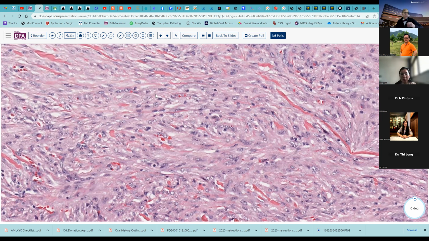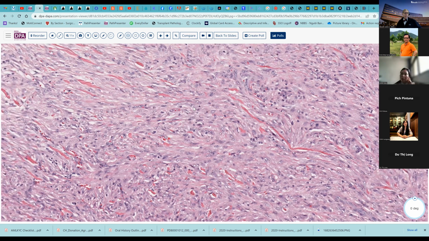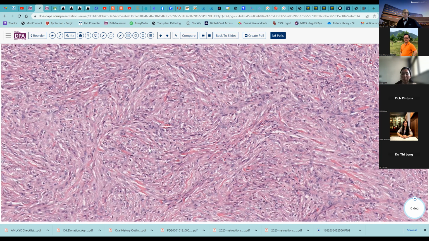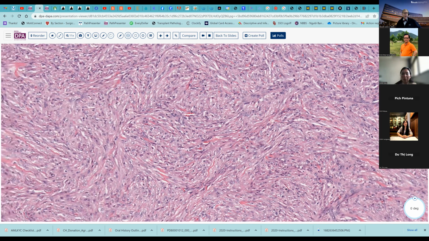And so many of these myofibroblastic-like cells will be very monotonous. Again, many of them will be myofibroblasts that have some actin positivity in them. There may be some inflammatory cells associated with this to varying degrees.